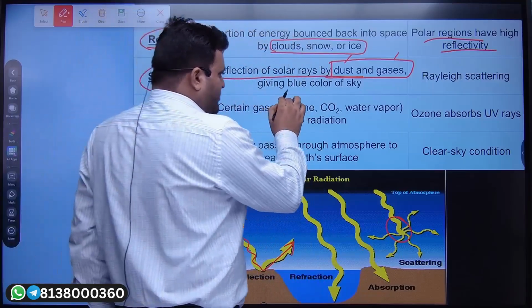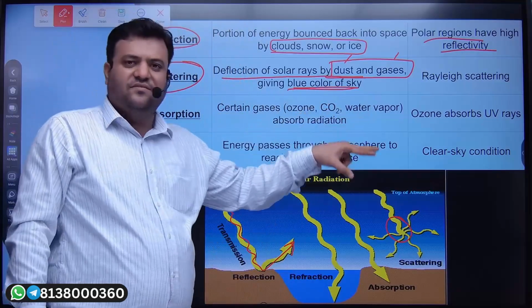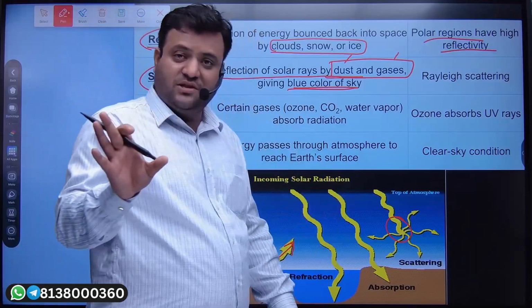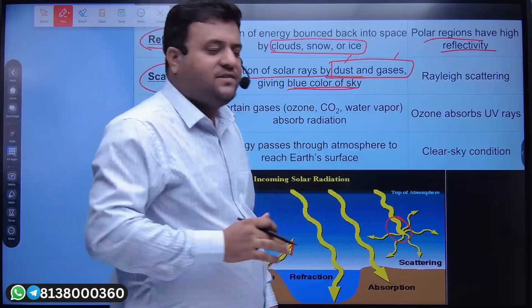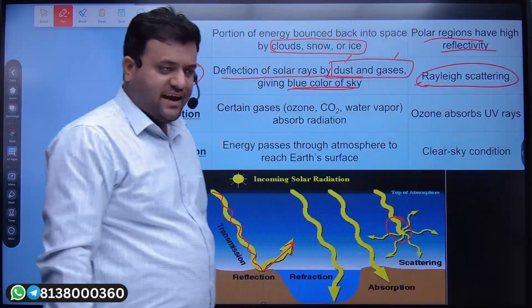And yes, because of the scattering, I hope you remember I also told you, we have the blue and this orange color in our sky, especially during sunset. We term it Rayleigh scattering.